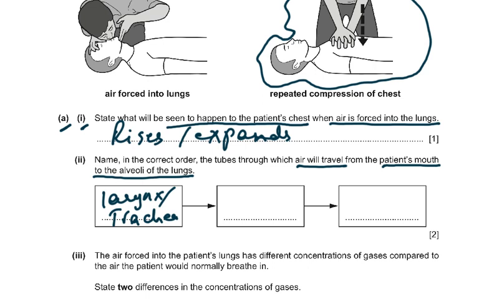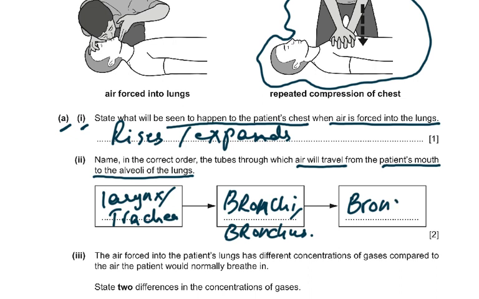And then, of course, you would have said bronchi, or you could have said even bronchus was correct as well. And then this one would have been bronchioles. So larynx, trachea, bronchi, bronchus, or bronchioles would have got you your 2 marks.